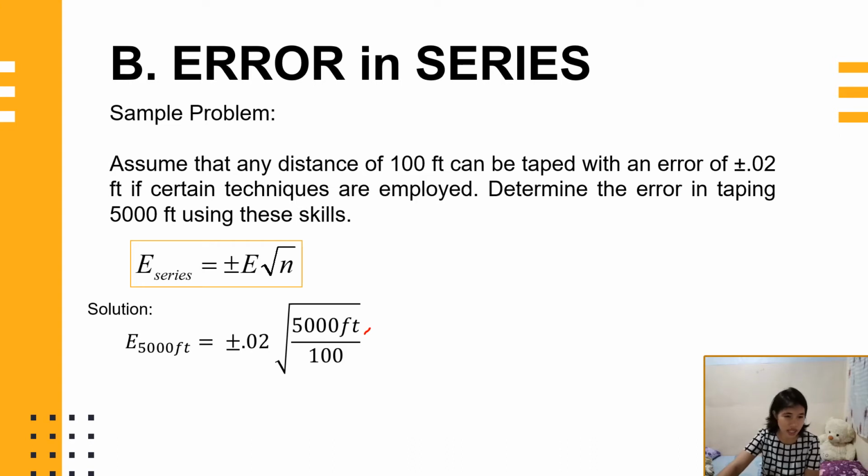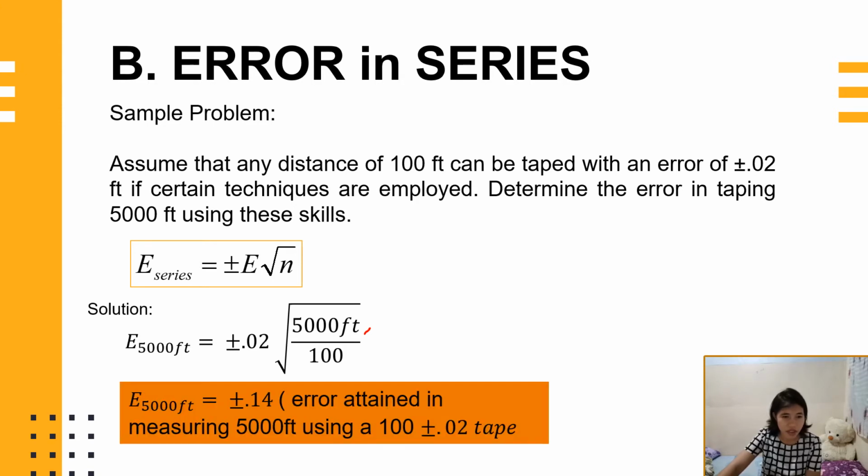That is n. So, what is the answer in the error of the series? If we compute this one, can you check my solution? So, plus minus 0.14. So, this is now the error attained in measuring 5,000 feet using 100 plus minus 0.02 na tape.